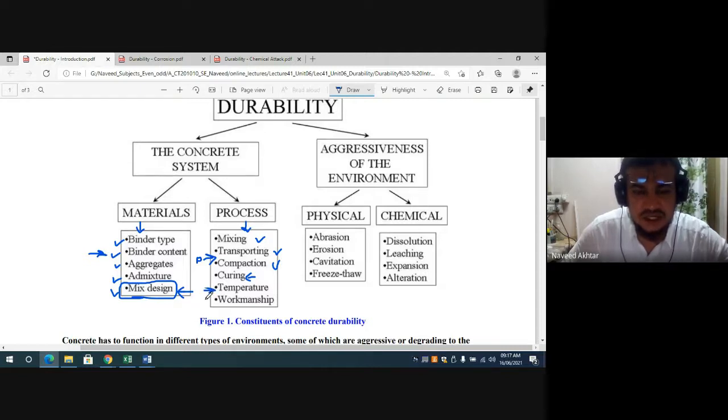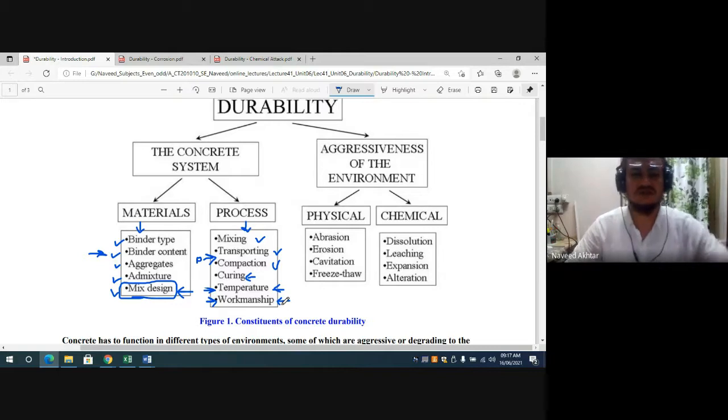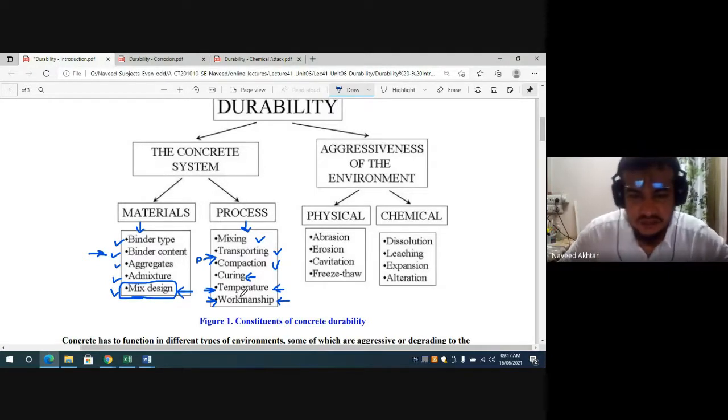So you need curing too. Temperature affects the properties of concrete, and workmanship, from the start of mixing to the end of finishing, also comes under workmanship. This process also affects the durability of your concrete.